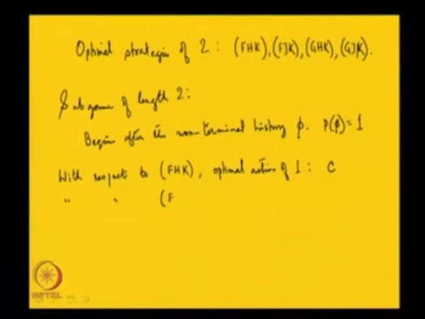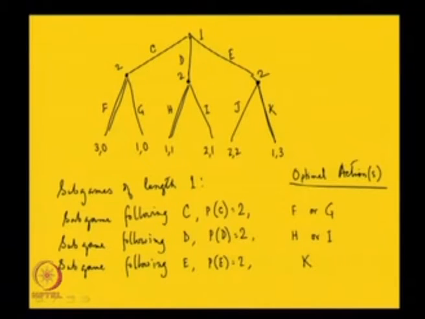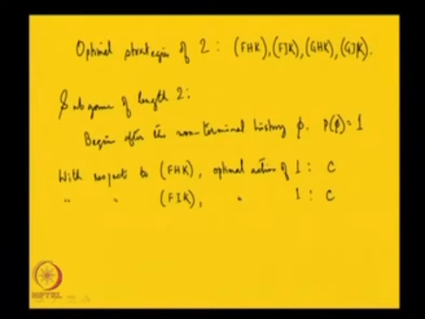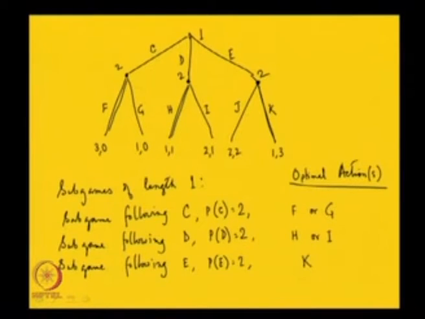With respect to F, I, K, the optimal action of 1: now the choice is between 3, 2 and 1, again 3 is best. So, again I have got C. With respect to G, H, K, now there is a little complication, because here the choice is between 1 and 1 and 1, and all of them are equal.